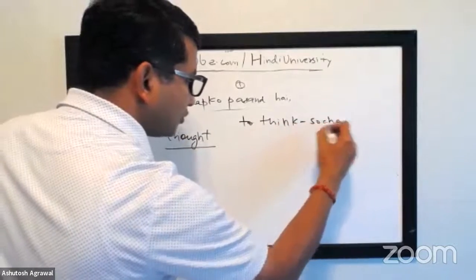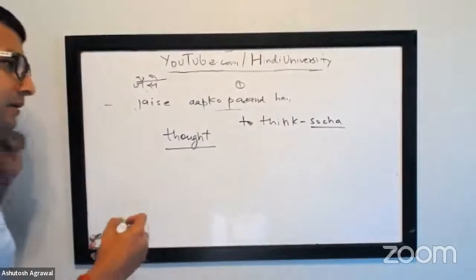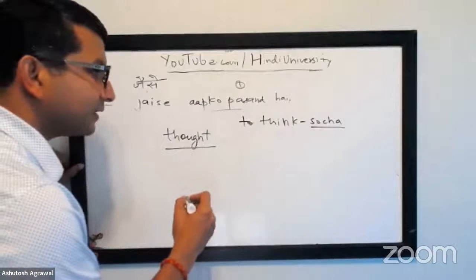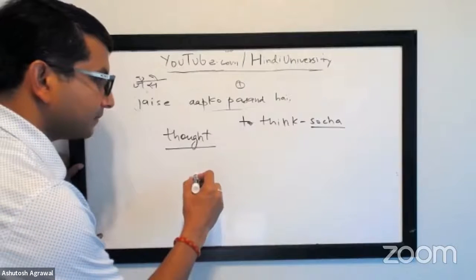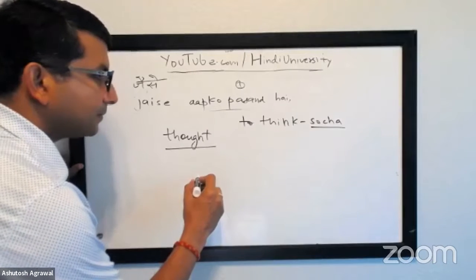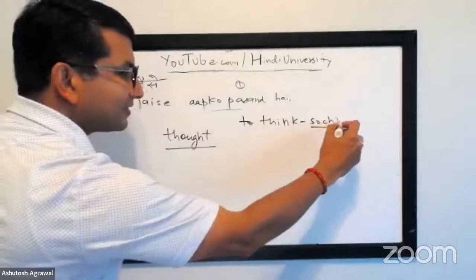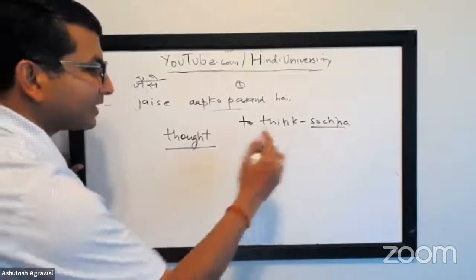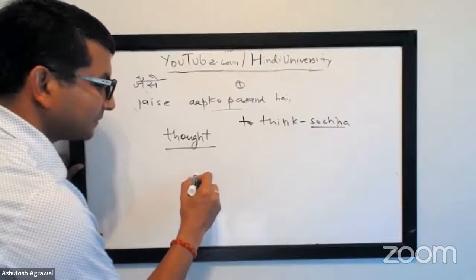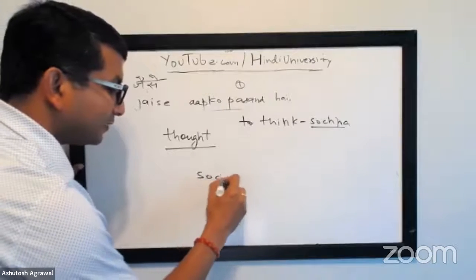So imagine you have to use the past tense of it. So perfective participle. Sorry, सोच. I wrote down. So past participle, what would be that? Or perfective participle. सोचा. Socha, very good.